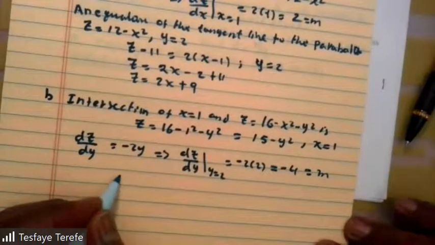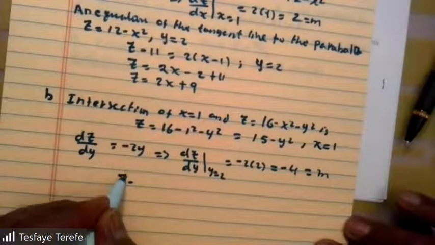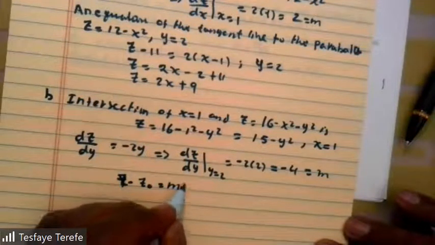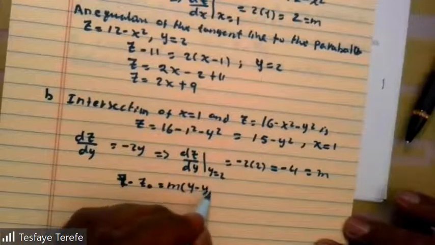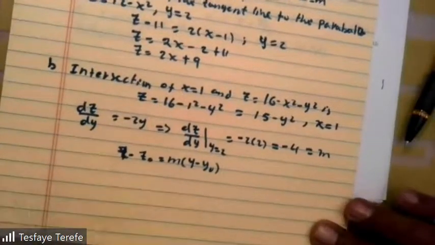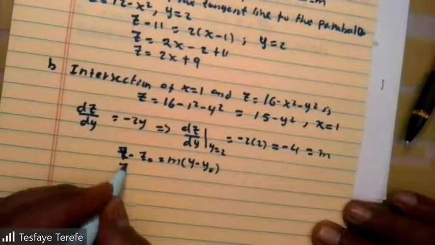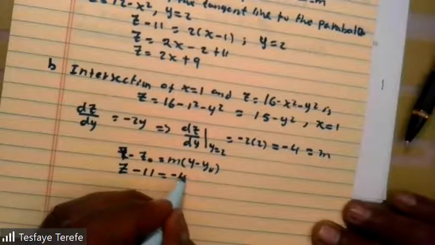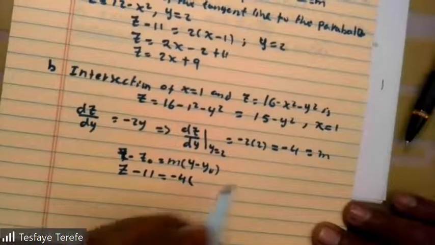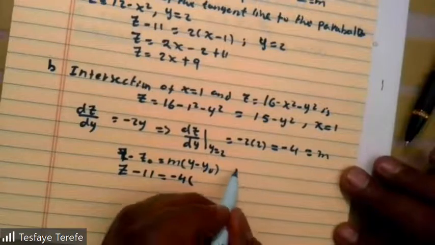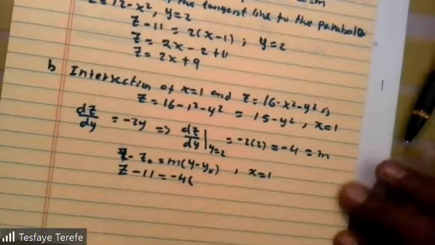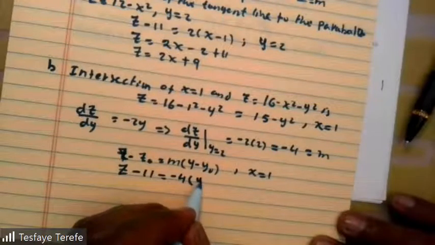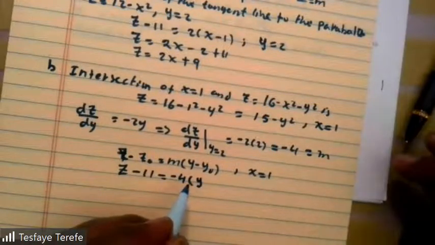Then we know that z minus z sub 0 equals m times y minus y sub 0, the point slope form of the equation of a line. So z minus 11 equals negative 4, and by the way, here the precondition is x equal to 1, times y minus 2.